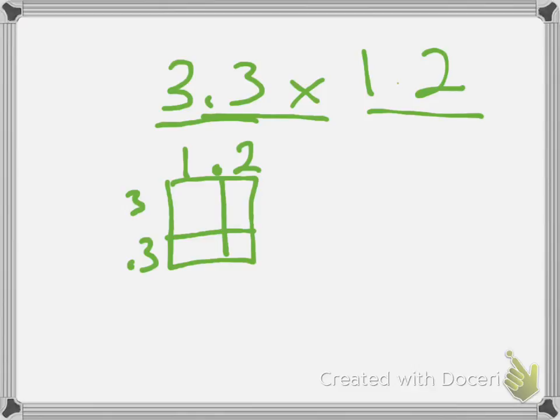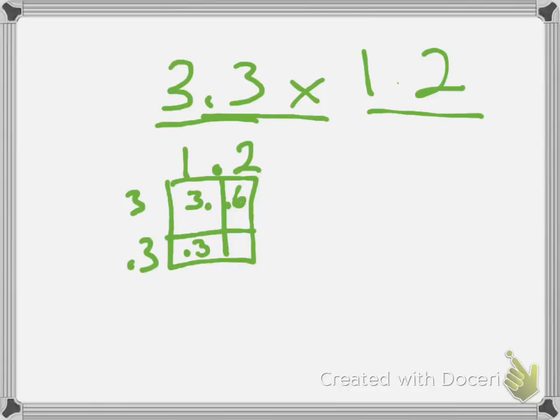Now I'm going to go back into my box and do the problem. 1 times 3 is 3. 1 times 3/10 is 3/10, and I like to put decimals behind it because I'm doing decimals. 2/10 times 3 is 6, and because I have to move the decimal one place, I move it one place to the left.